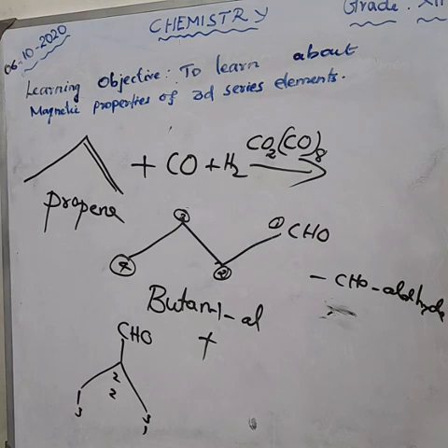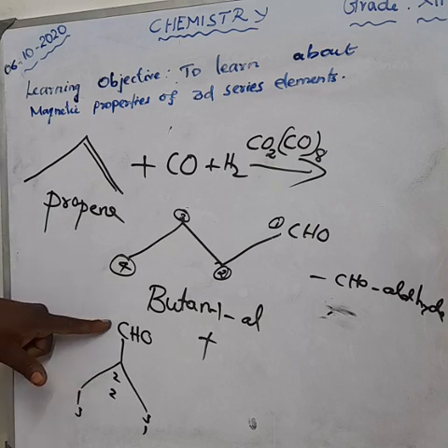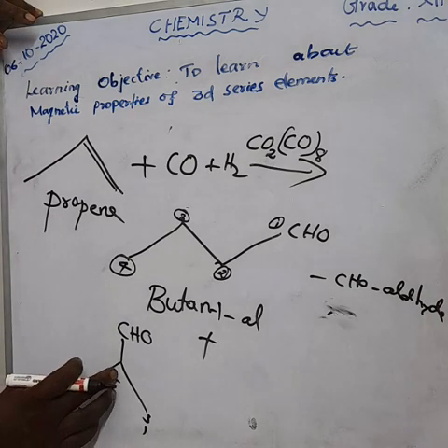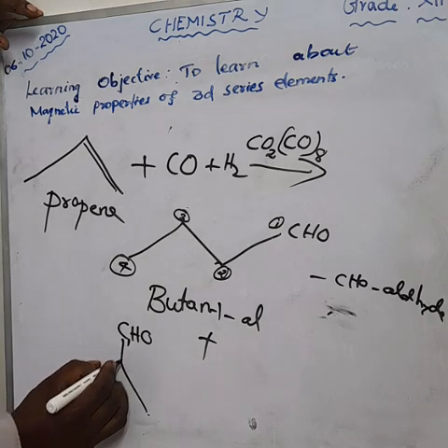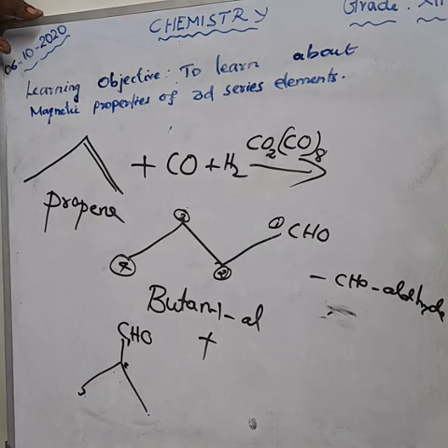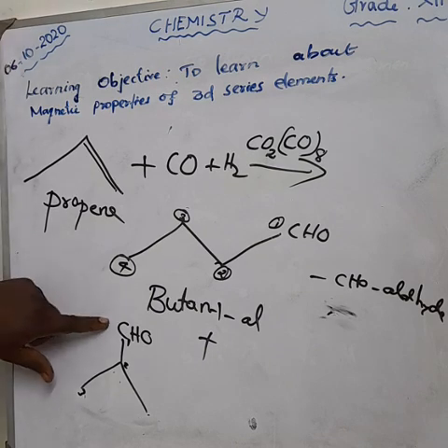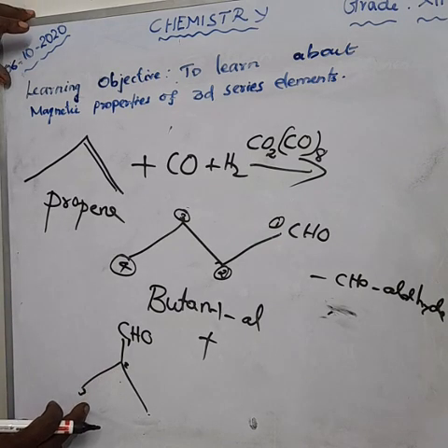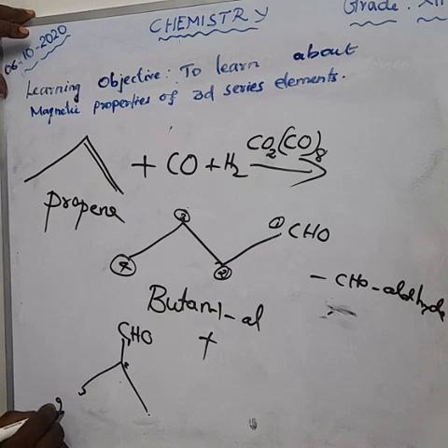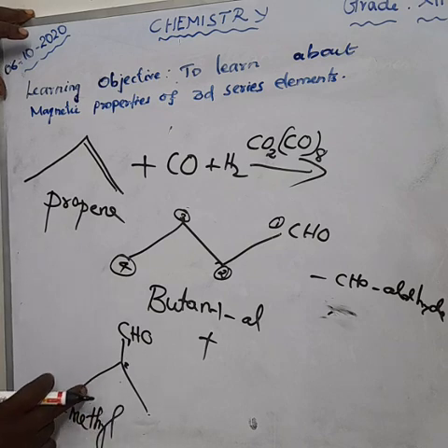The second position has a methyl group and the aldehyde group is given number 1, since we number from the functional group. So what's the name of the compound? We consider it as 2-methyl.